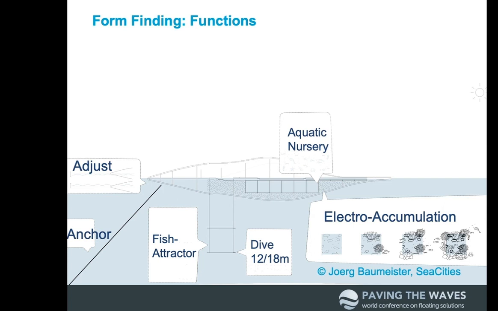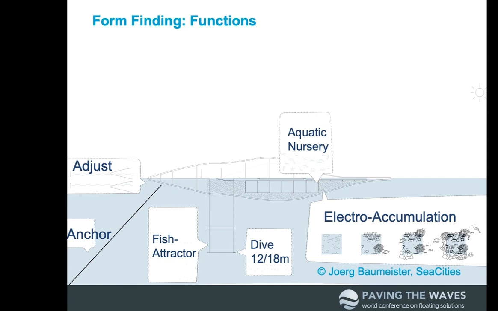First of all, we found out that there's a specific electroaccumulation method to grow corals faster. So we were taking that, but we were also having an aquatic nursery for fish and for corals.